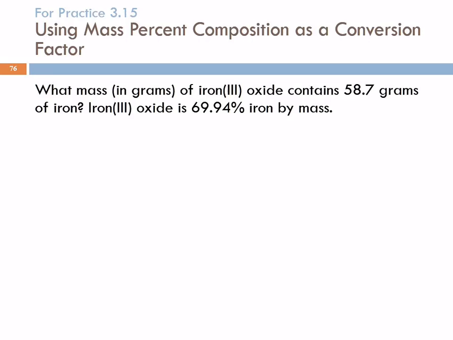Let's do an example. What mass in grams of iron 3 oxide contains 58.7 grams of iron? Well, we can solve that using molar mass and moles in the formula, but here they're giving us this nice percentage. Iron 3 oxide is 69.94% iron by mass.